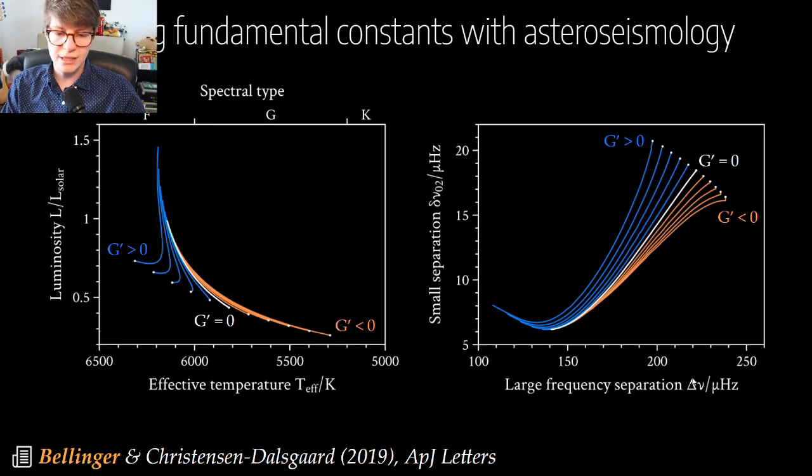So if you can measure this quantity, you get the mean density directly. And then on the y-axis, you have the small frequency separation, which is related to the age of the star on the main sequence. Both of these quantities we can measure to better than 1 microhertz precision, which means that anywhere in this diagram, if G varies, we can actually constrain that variation.